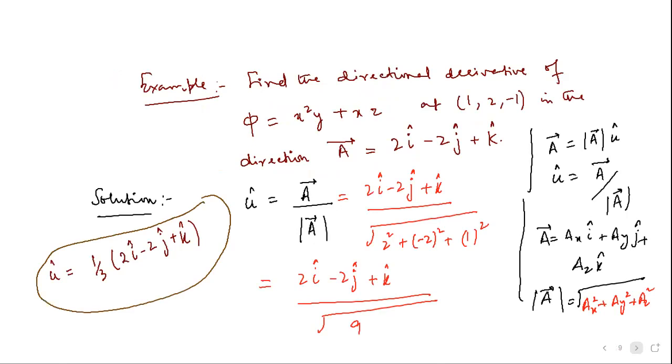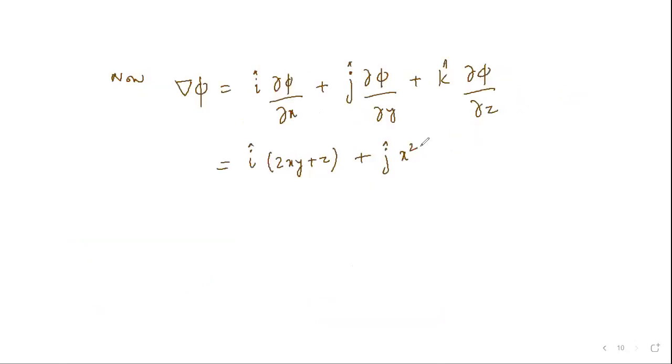Then I have plus partial derivative with respect to z, that is just x. Partial derivative with respect to z is just x. Then my gradient is (2xy plus z) i cap plus x square j cap plus x k cap.